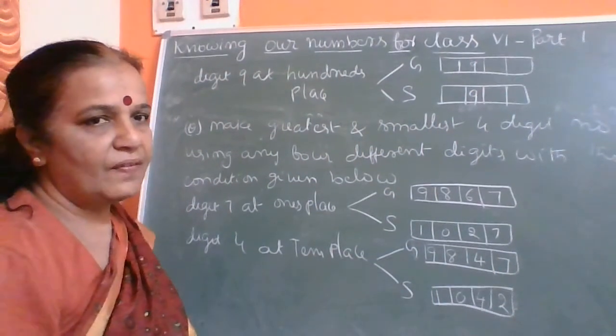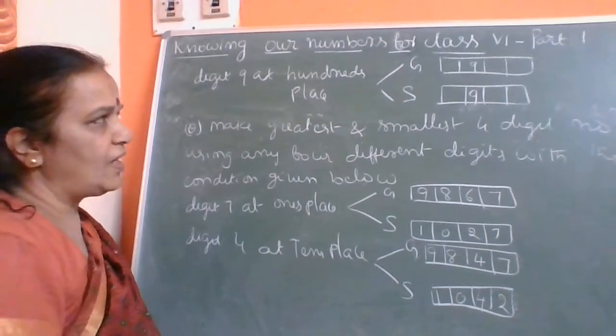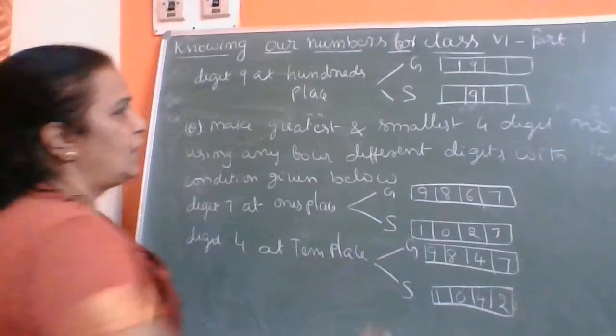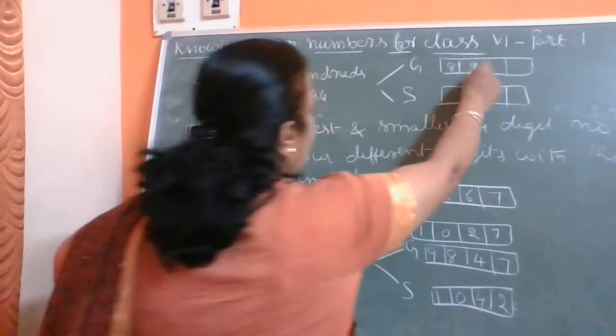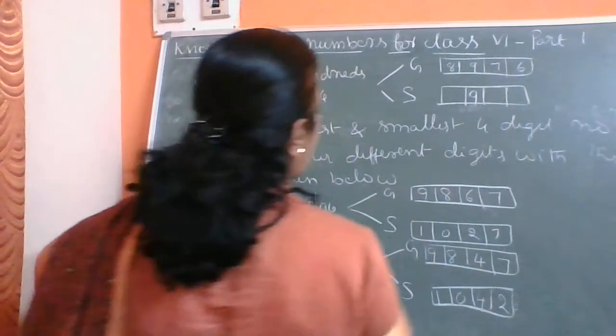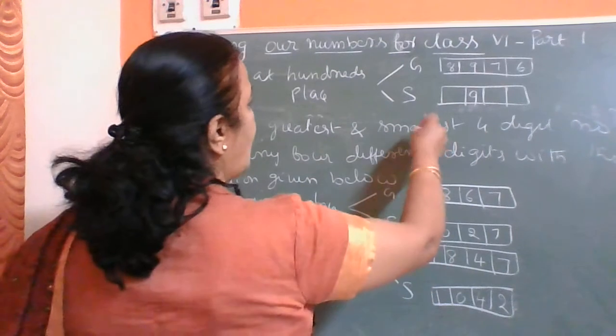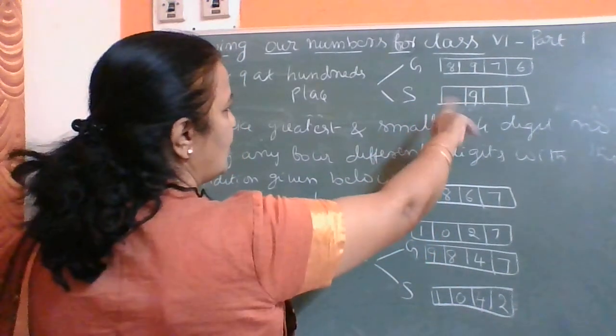The greatest number starts with 9, but 9 is there already, therefore it will be 8, 9, afterwards 7 and 6, 8976. And the smallest number starts with 1.